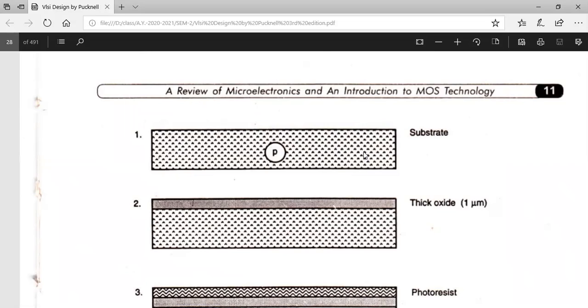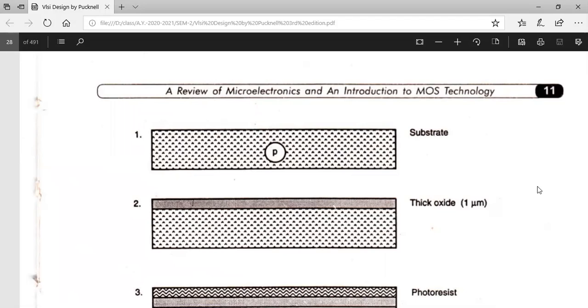We add some amount of p-type impurities to it. Generally these silicon wafers will be typically 75 to 150 millimeter in diameter.